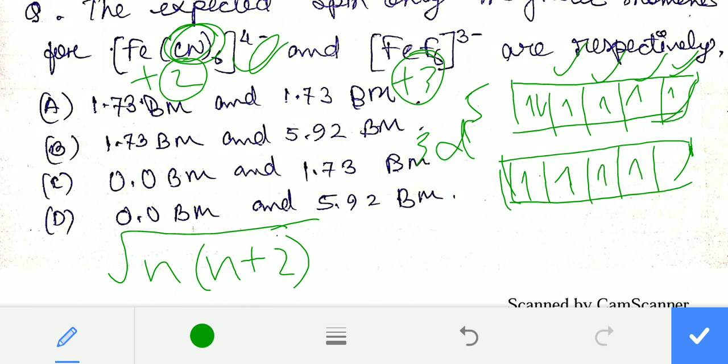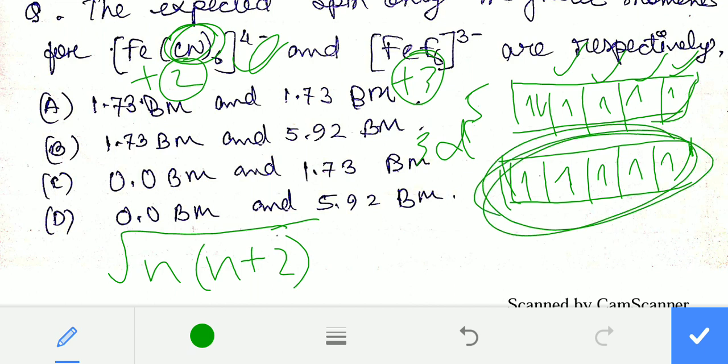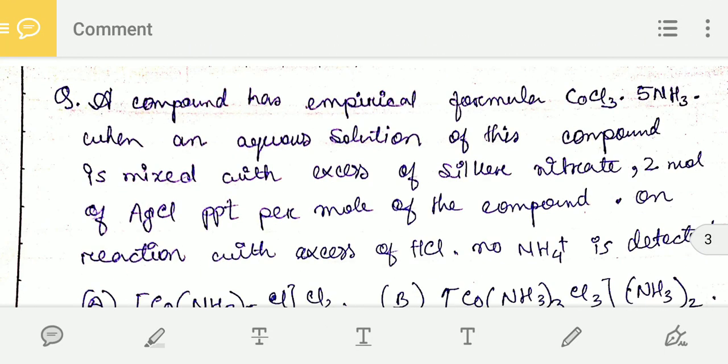So this is the structure of 3d5. If you calculate for it, you will get the answer is D. Option D is the right option. So moving to the next question.